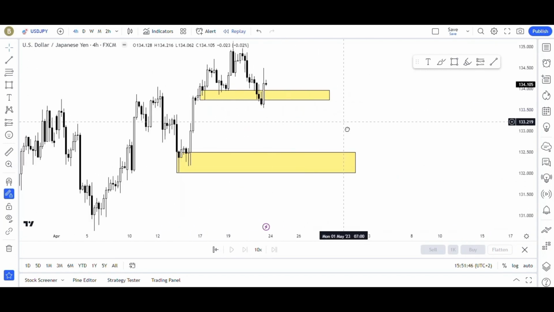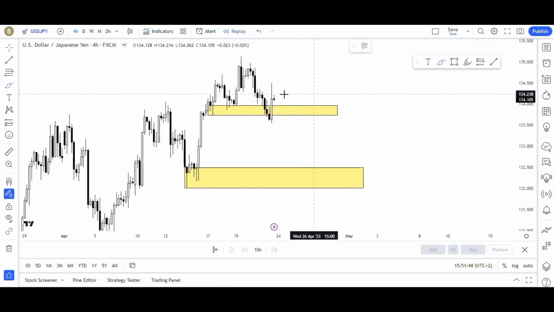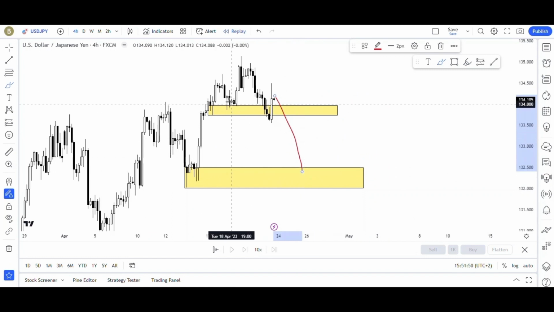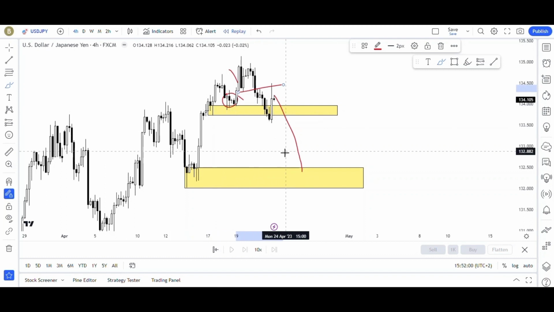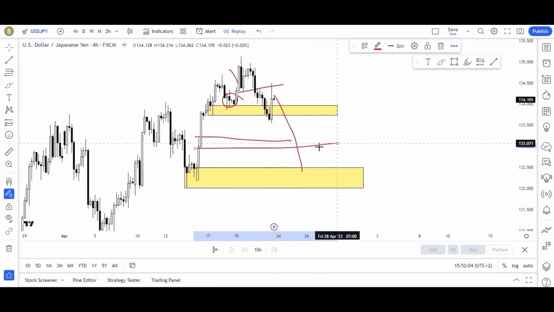But I'm not sure the market will come down to here, because the market actually made a high with these 2 ERC candles, 1 and 2 ERC candle. I think if we go to the smaller time frame, we can find some order block here. Anyway, that's it.